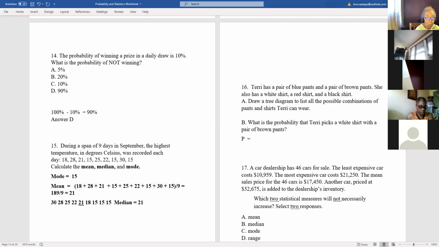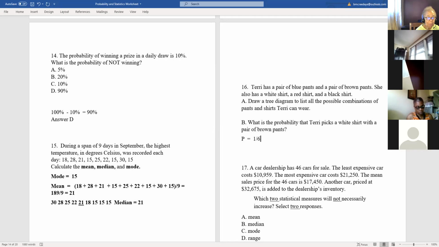You can only have a white shirt with a pair of brown pants once, so that's going to be 1, right? Now, what's the total? We just saw that on that other screen. Vanessa, you said it. What was the total? 6 combinations. Yes, 6.